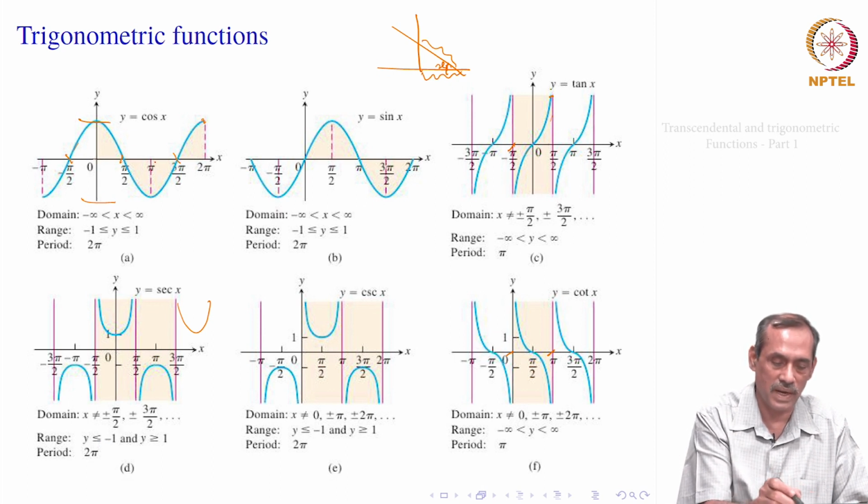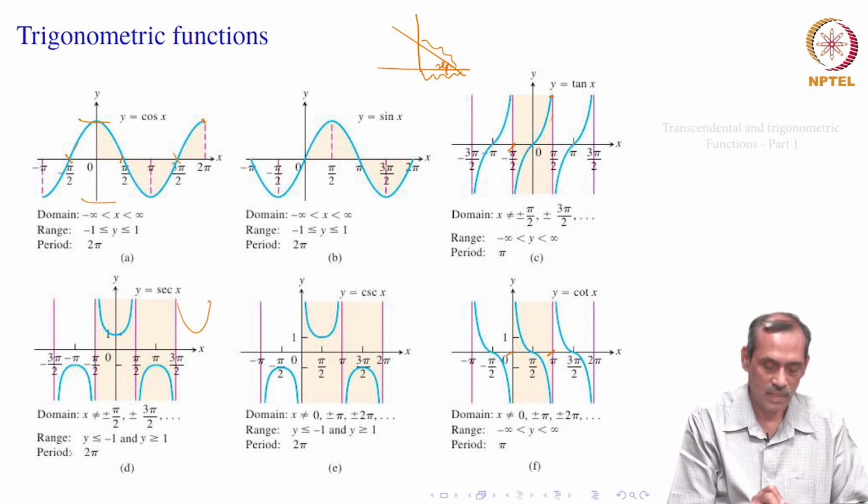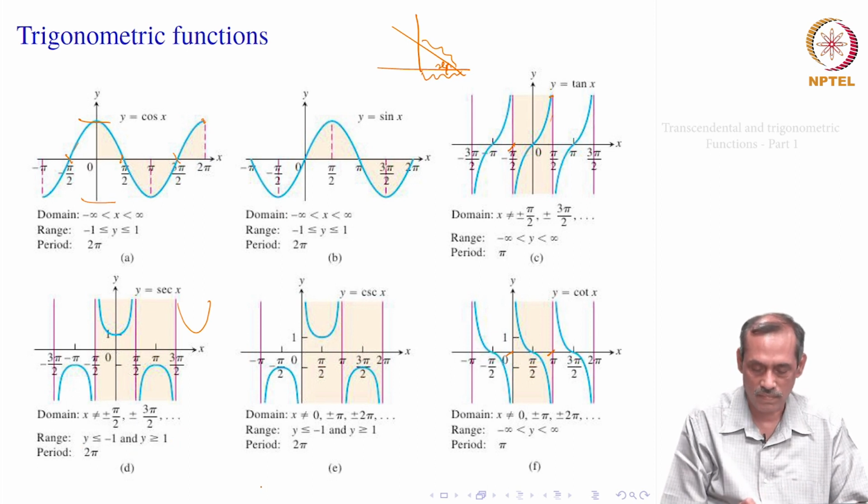look at cos x, it is -1 to 1. So, here -1 to 1 is left out, because it is 1 divided by cos x. So, it is y less than or equal to -1 and y greater than or equal to 1. So, that means the open interval -1 to 1 is excluded from R, that is what the range is, and period is of course 2 pi.